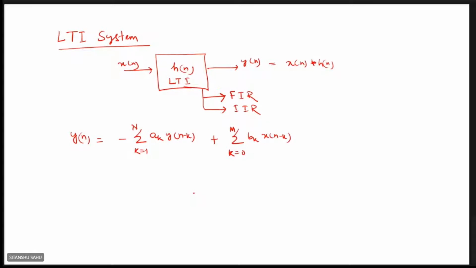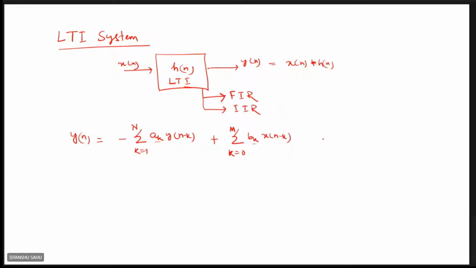What are a k and b k? These are nothing but the representation of the impulse response h of n, in general representation, or we call it the IIR form. And if you omit this first term, then it becomes an FIR system, isn't it?